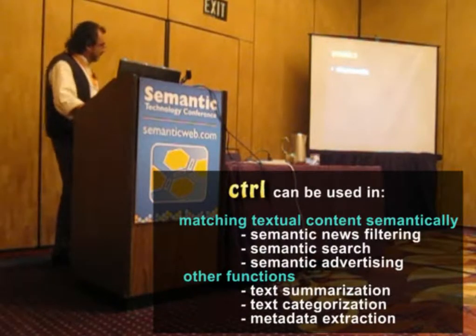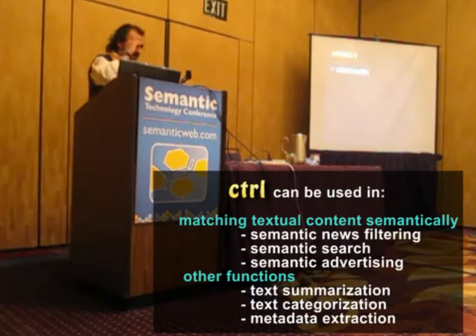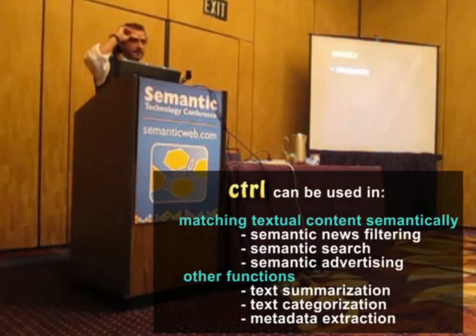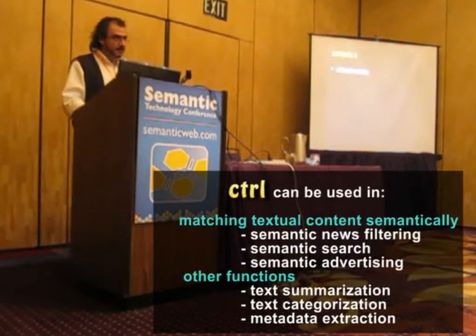Another comment I want to make: people in semantic technology speak of semantic search, semantic advertising, semantic news filtering, semantic, let's say, X. And they suppose that different engines work in different things. Like there's something for semantic advertising, and there's something for semantic search. Well, not really, because in the end, all of these applications are relating text to text semantically.